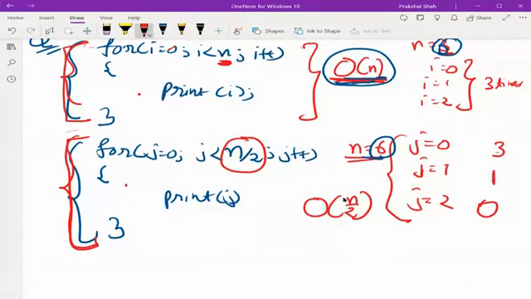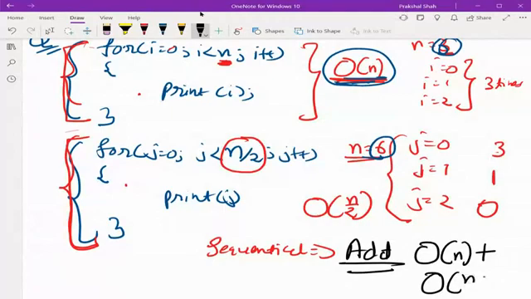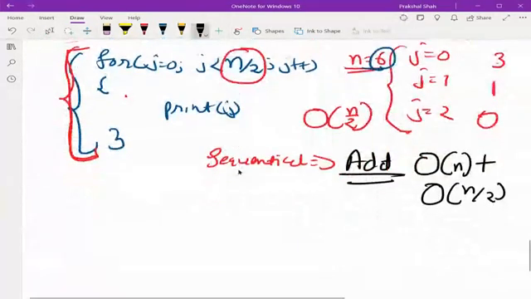So whenever you have sequential statements, you will add their time complexity. So this will be what? Order of n plus order of n by 2. Now as we have already discussed, can I ignore this, like 1 into n divided by 2?